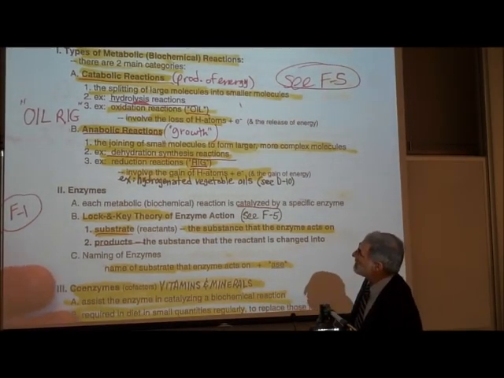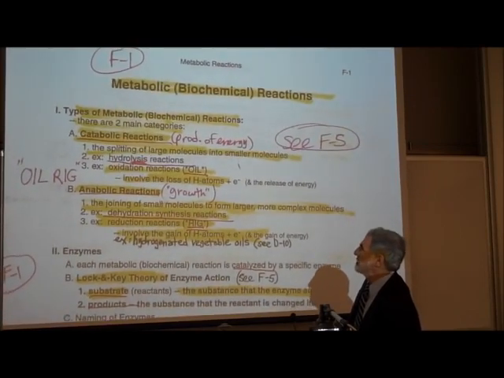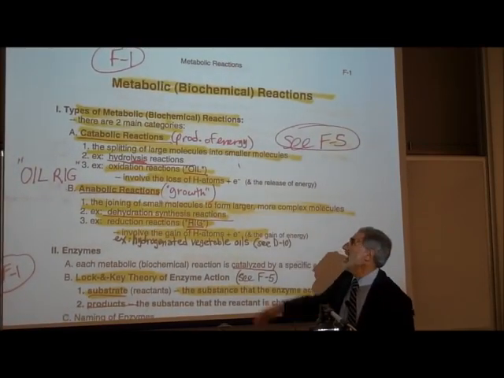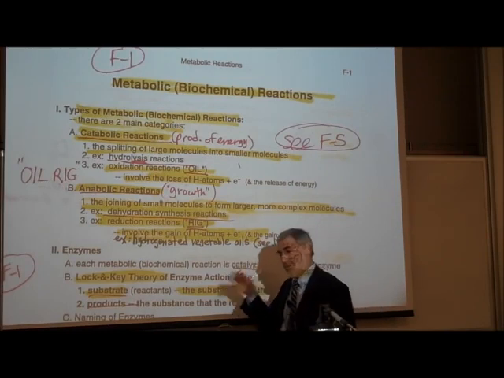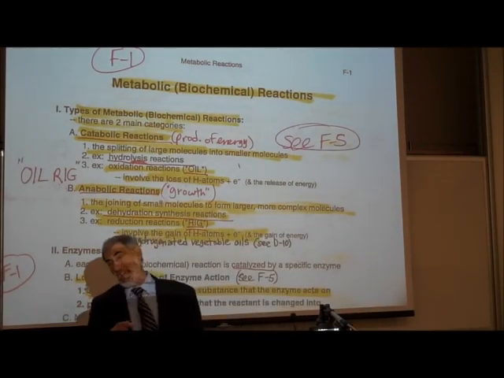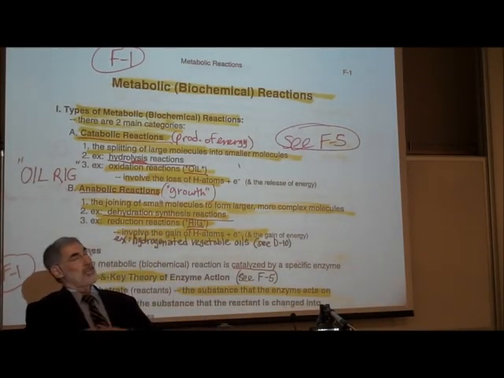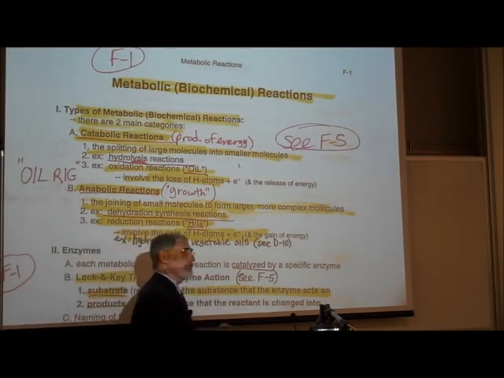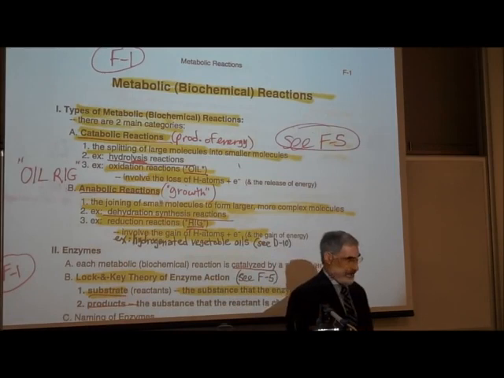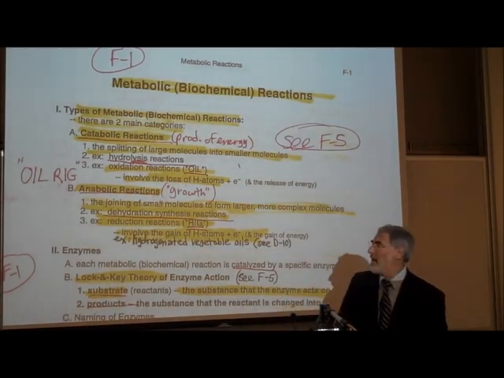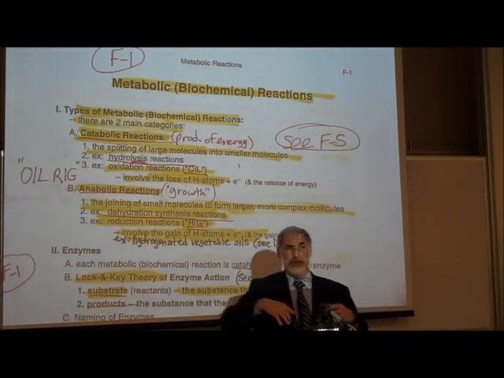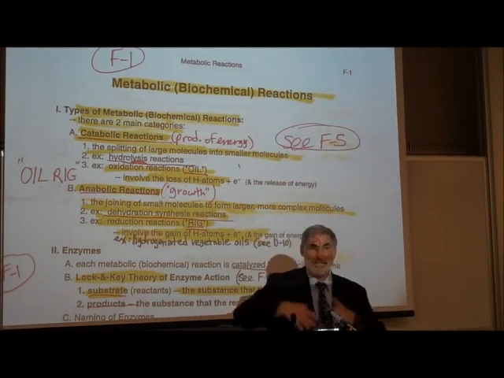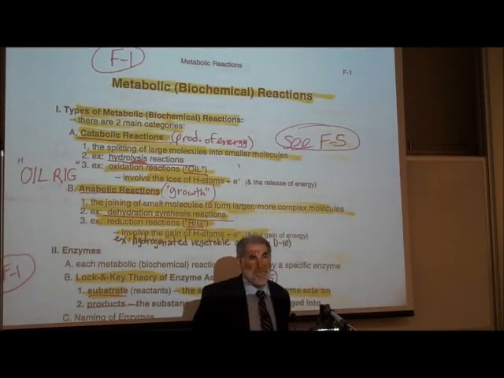Now, the opposite of anabolic or growth reactions are catabolic reactions. Catabolic, as we originally learned back on page A3, refers to the breaking apart of organic molecules, usually for the purpose of releasing energy. And I had suggested way back on page A3, just think of the word catastrophe, catastrophic, where everything breaks apart.